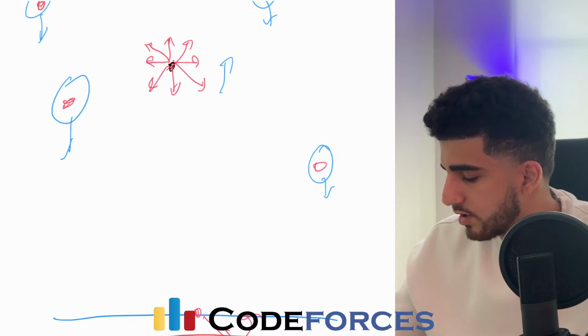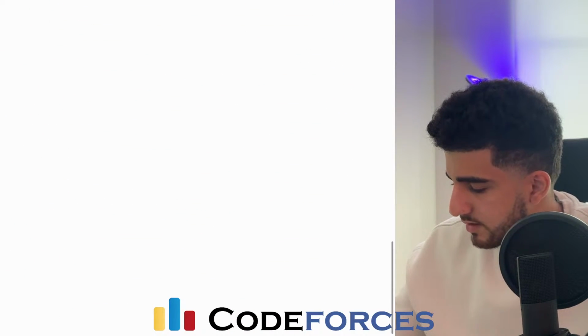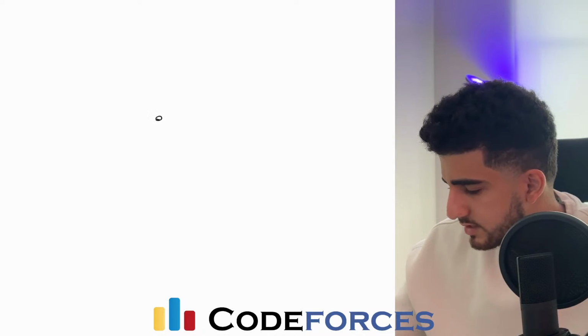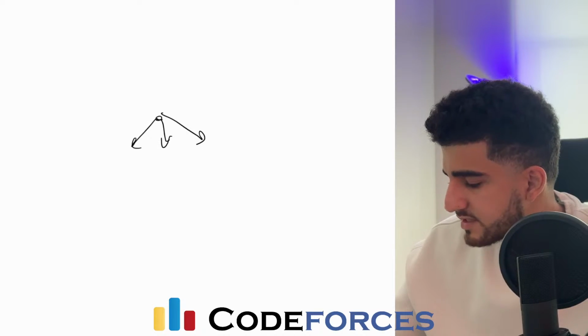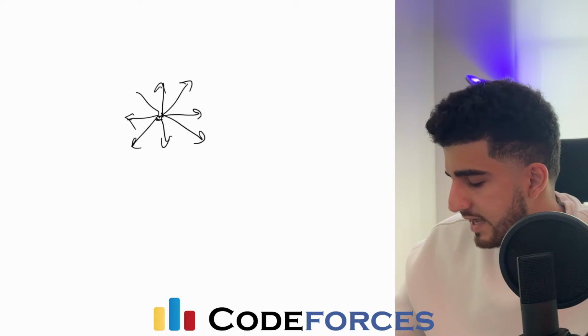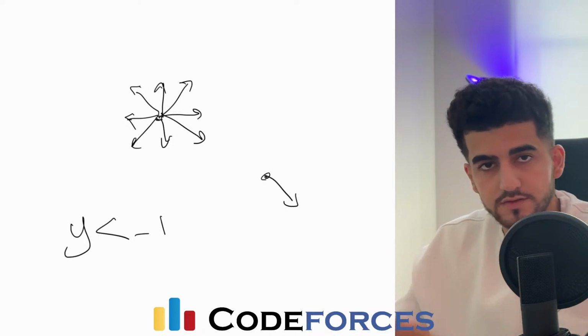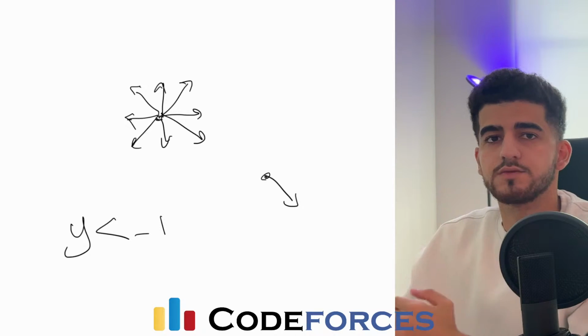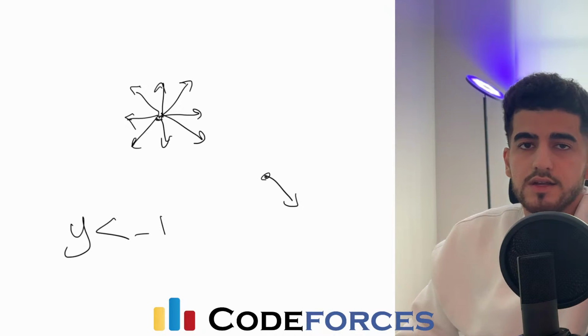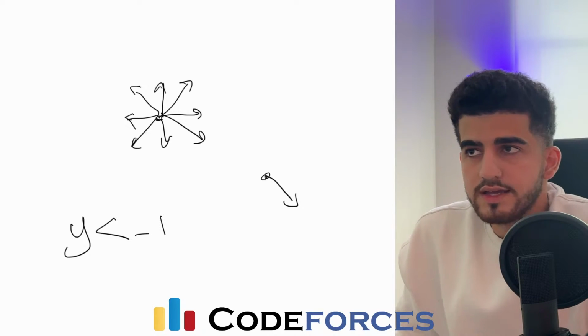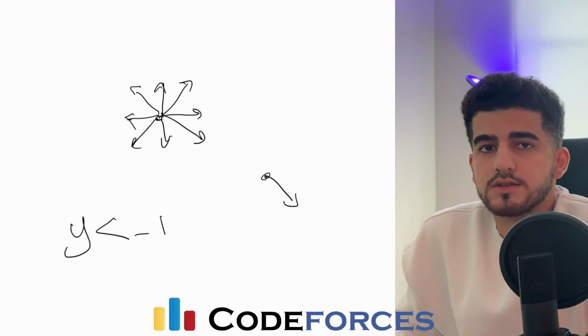So each time Monocarp goes in a direction that he chooses, afterwards he has to move upward once. This way you can show that y can never become less than -1, because each time Monocarp can decrease his y by at most 1, but afterwards his y will be increased once again. So y can never be less than -1.